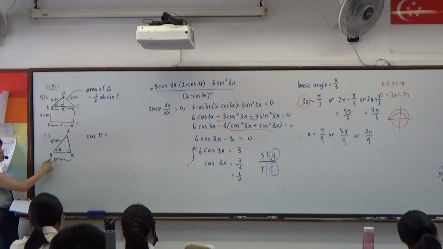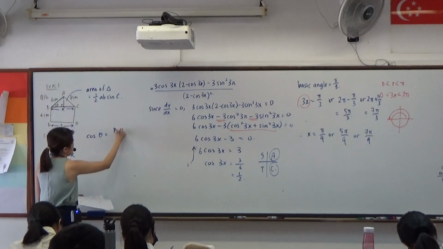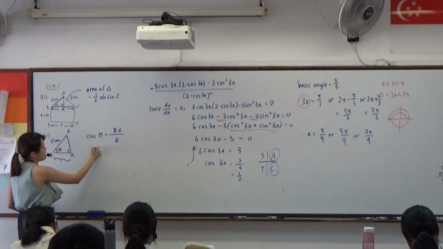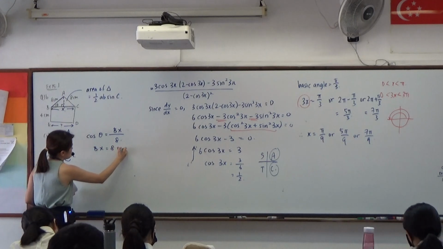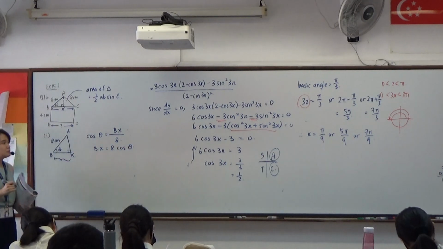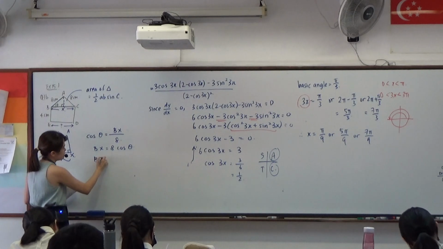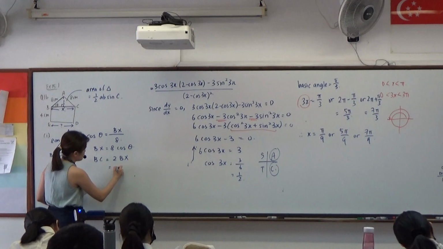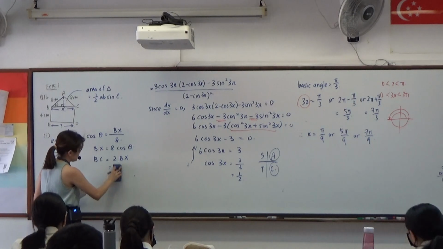So cosine of the angle equals adjacent side BX over hypotenuse 8, and therefore BX equals 8 cosine theta. And hence our BC will be 2 times BX, so that will give us 16 cosine theta.